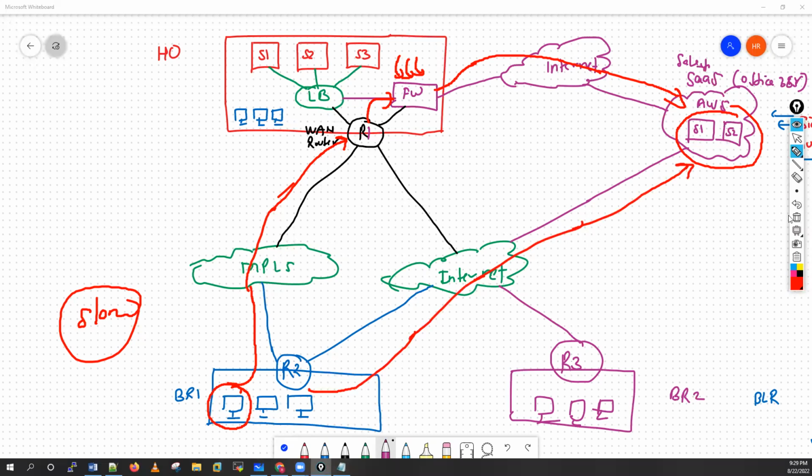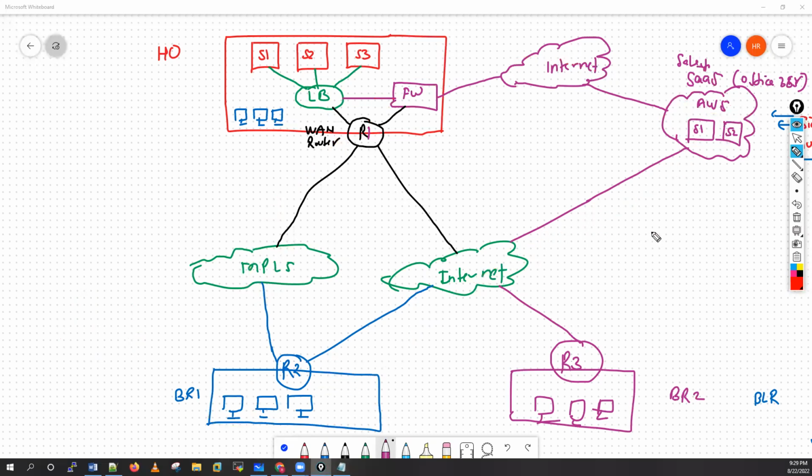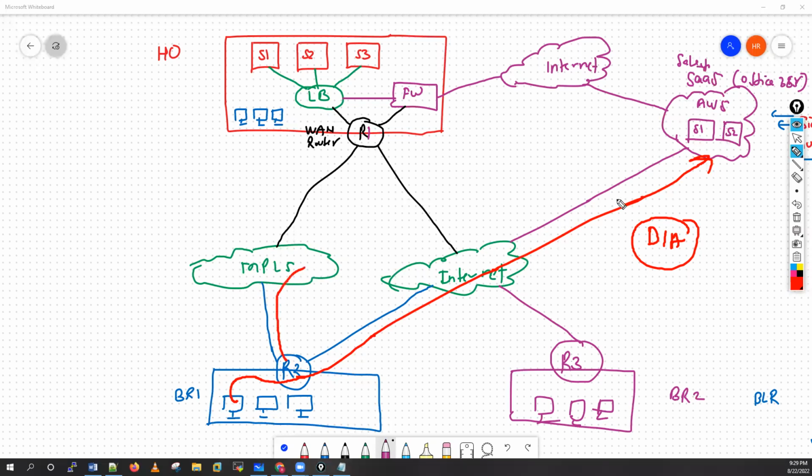So SD-WAN has come up with one solution which is known as the DIA solution, direct internet access, which means now if these people want to go to these cloud applications, they can reach directly from the internet or maybe through the MPLS link. But the problem with this type of access is security, guys.